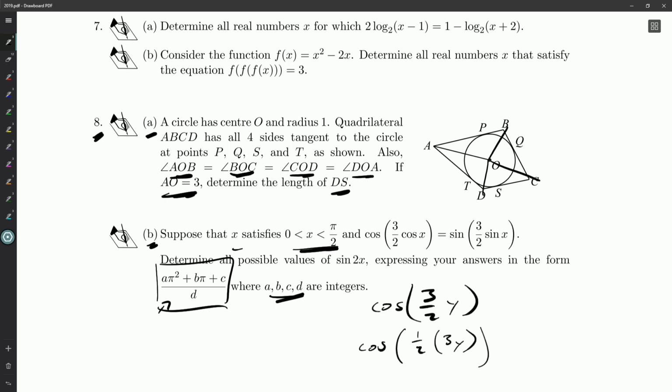Is there anything else we might be tempted to do? My instincts are telling me maybe square both sides, but I don't see how that's going to help. It could change this cos into a sine a little bit if I squared both sides, but I'm not seeing where to go from there.